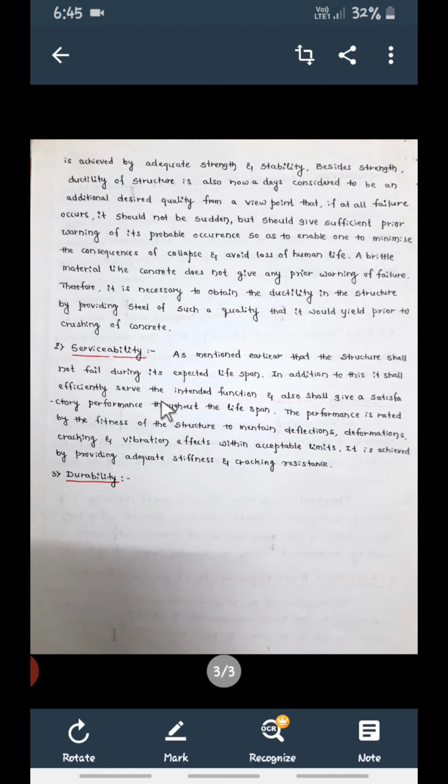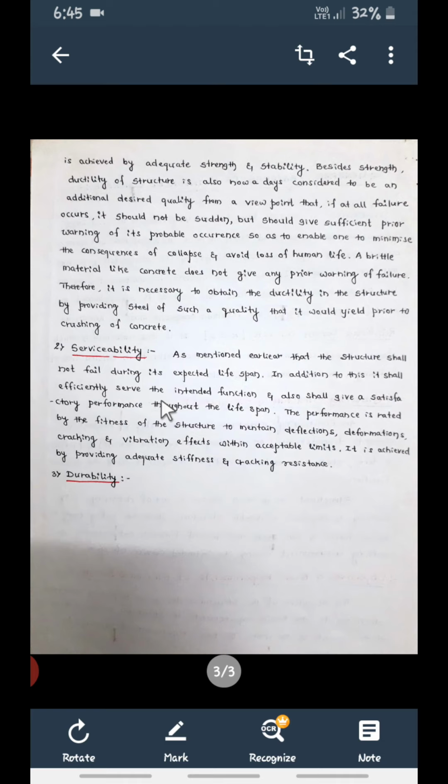So that is called serviceability. The performance is rated by the fitness of the structure to maintain the deflection, deformations, cracking, and vibration effects within acceptable limits.